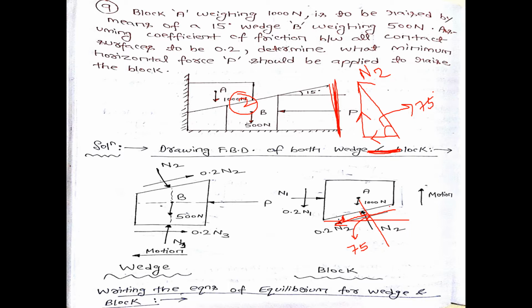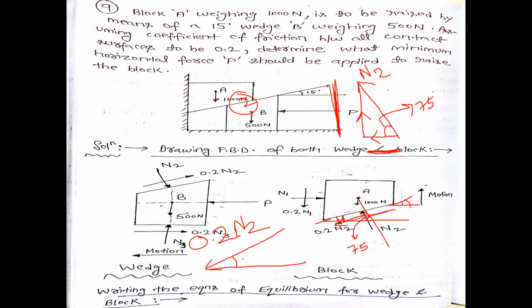I can see that this angle is 15 degree, definitely this angle is also 15 degree. So this is your 0.2 times N2. And this angle is given to you as 15 degree.